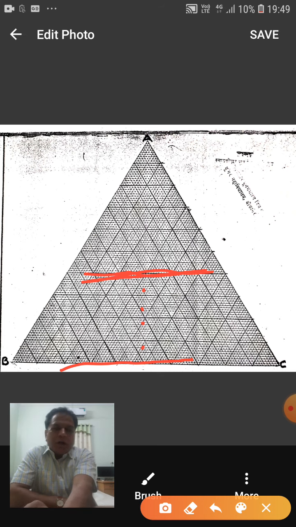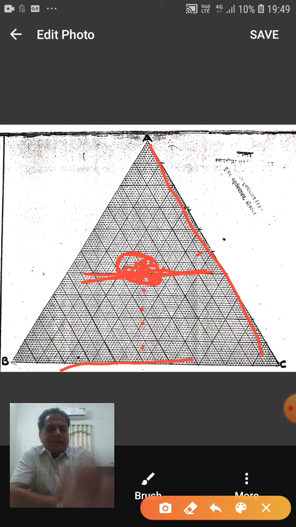Now the value of B on this line will be 0, and as we move towards B the value will increase: 10, 20, 30. So where these two lines intersect, this is the point, and similarly it will coincide with C 20. So the point will lie here.